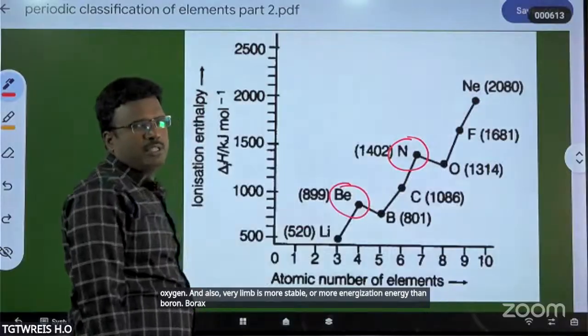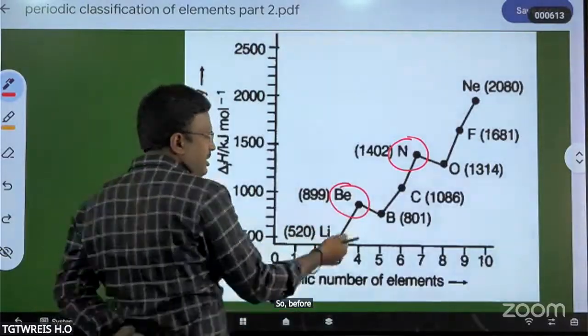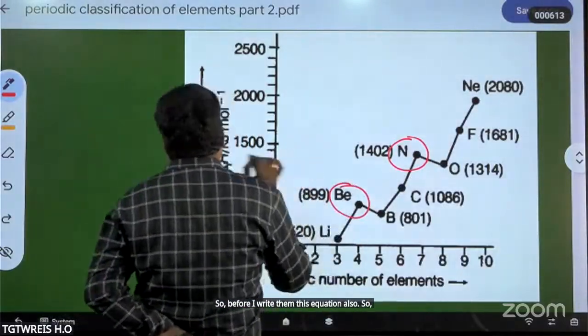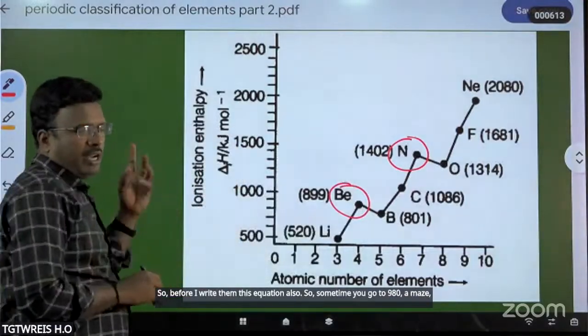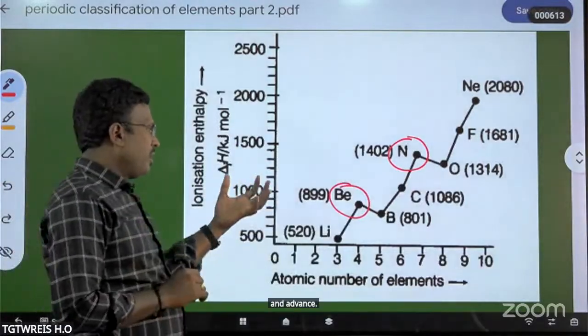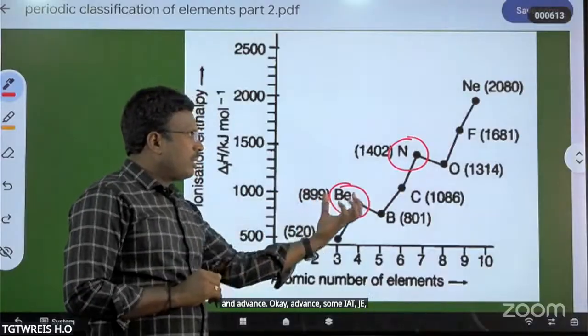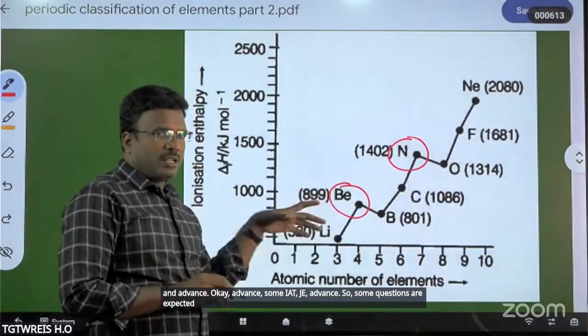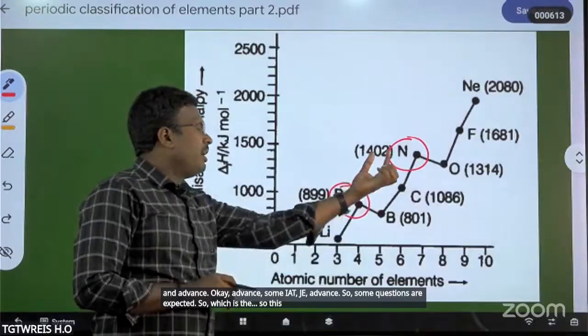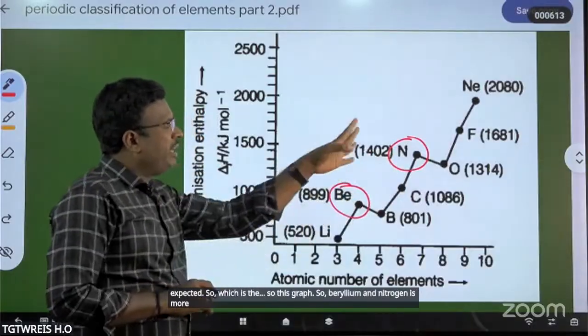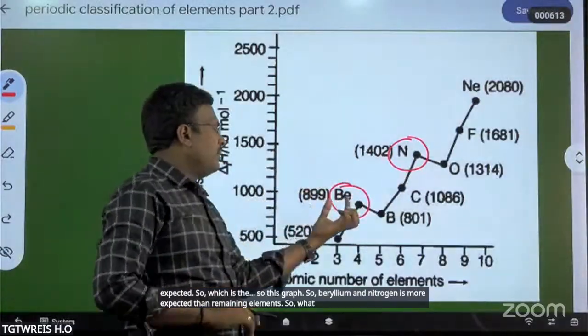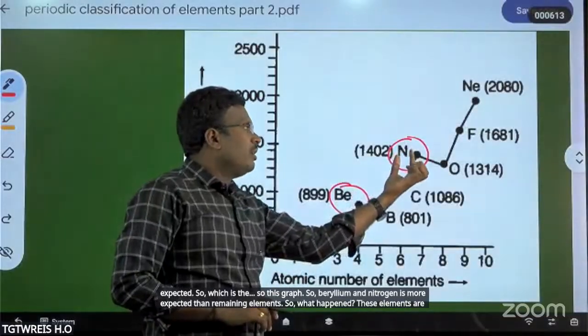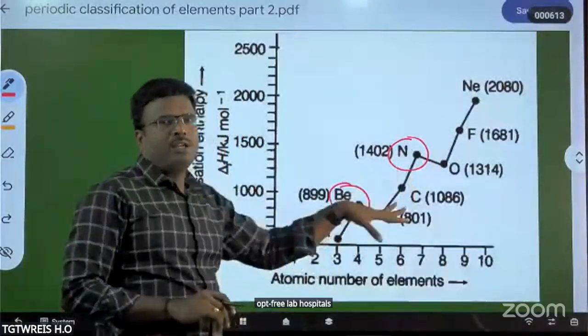Most expected questions. Sometimes in IIT mains and advanced, some questions are expected. So which is this graph? Beryllium and nitrogen are more expected than the remaining elements. What happened? These elements are full filled, and these are half filled. Half filled orbitals are more stable than unfilled orbitals.